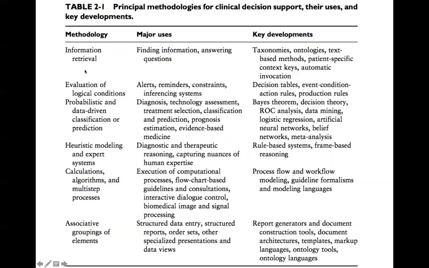From the first column: information retrieval, evaluation of logical conditions, heuristic modeling, calculation, association. For information retrieval, the most classic example is Google. The major use is quite easy: finding information and answering questions.